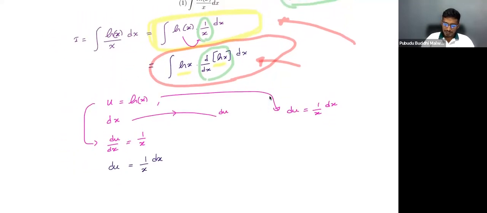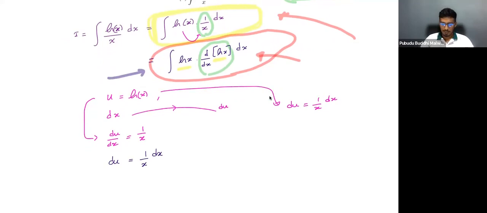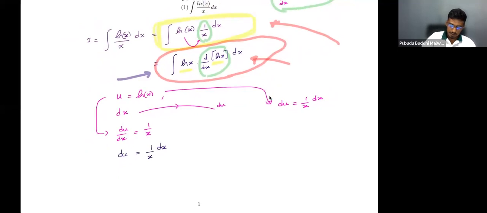So my advice is that creating a form like this helps us to find the correct substitution. After that, we can use that u substitution for this yellow colored part.